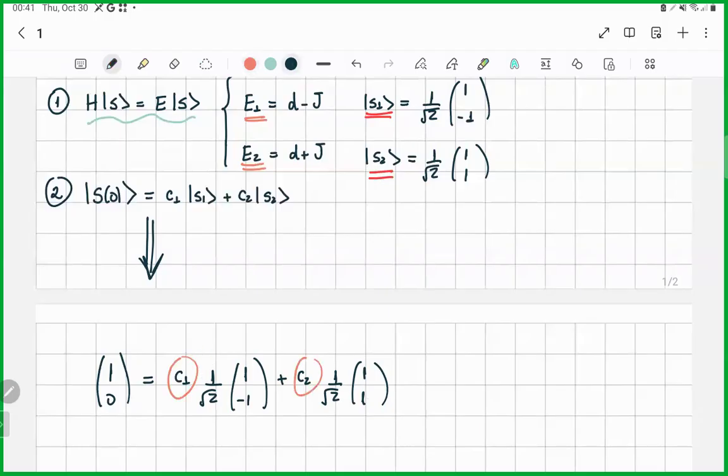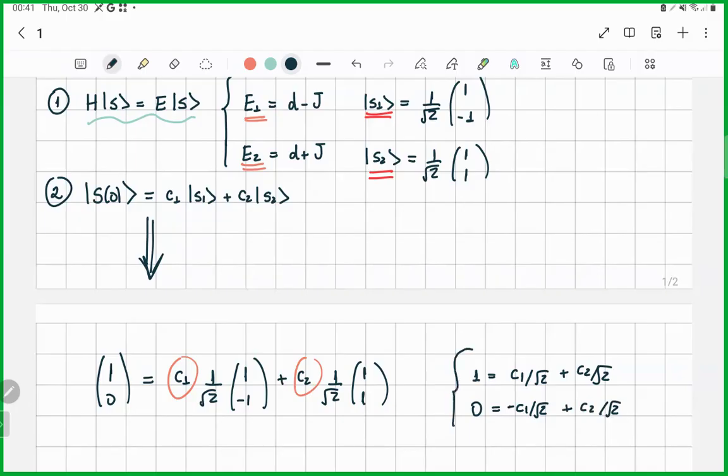You see, because here we have two equations. The one equation at the top tells us that C1 over square root of 2 plus C2 over square root of 2 has to be 1. And the second line is minus C1 over square root of 2 plus C2 over square root of 2 has to be 0.